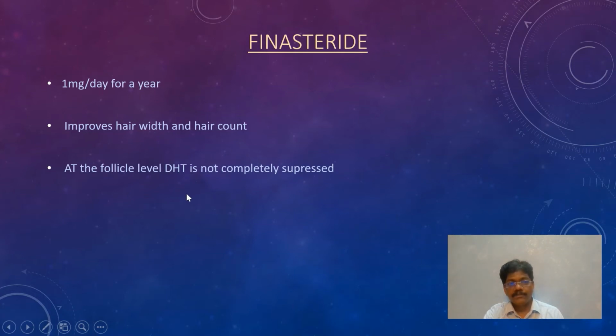Hence, it does not totally block the conversion of a good hair to miniaturized hair. That is why even with the treatment of taking medications, you could still be losing hair or you could still be getting bald. Hence, medical treatment is not 100%, but it is definitely very effective in androgenetic alopecia.